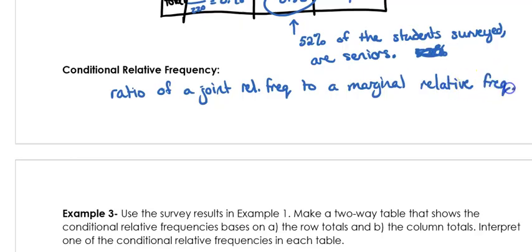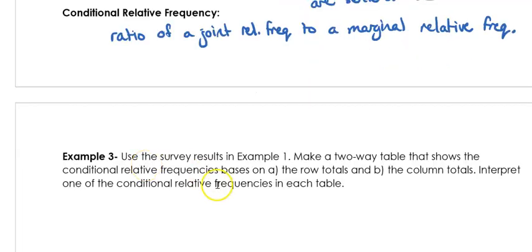This will also make more sense once we actually do one. Example 3 says, use these survey results to make a two-way table that shows the conditional relative frequencies first based on the row totals and then based on the column totals, and interpret one of the conditional relative frequencies in each table.